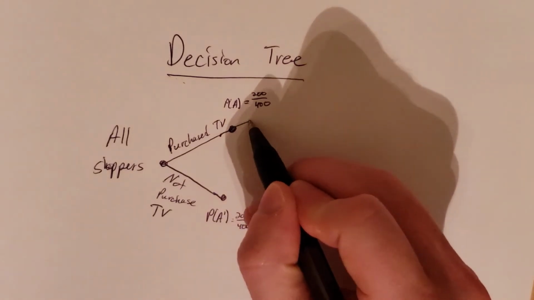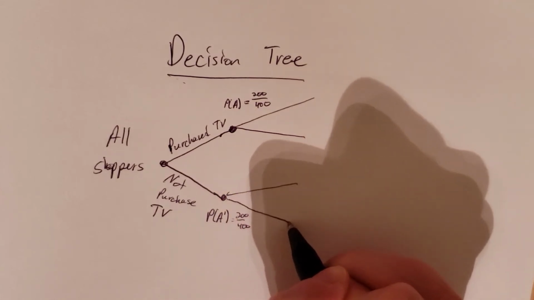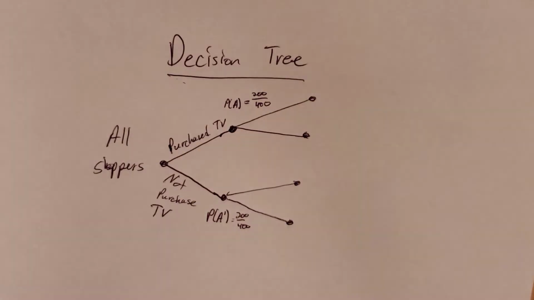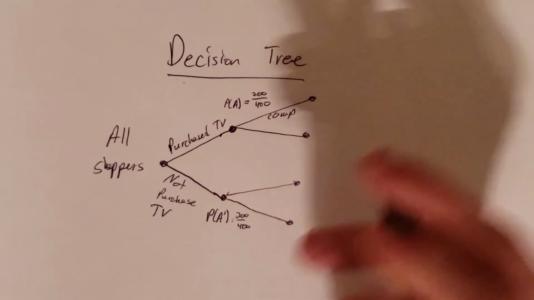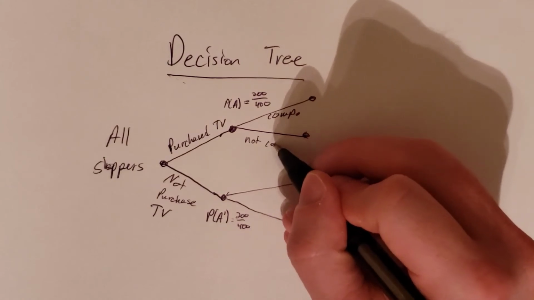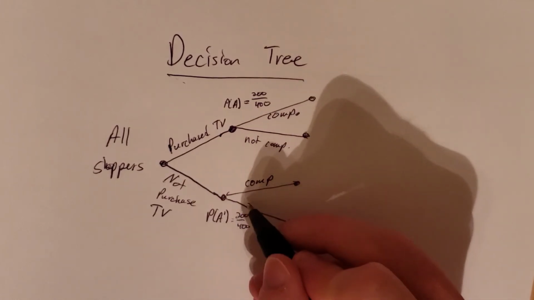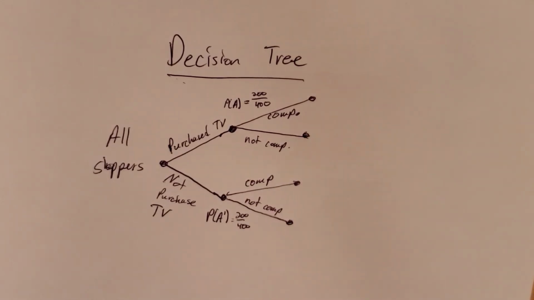But then within each of those data sets, we can break it up based on the other variable. So here we had bought a computer. I'm just going to write COMP to represent bought a computer and not computer. All right, and then we have the same breakdown for the bottom part here. And what is this?